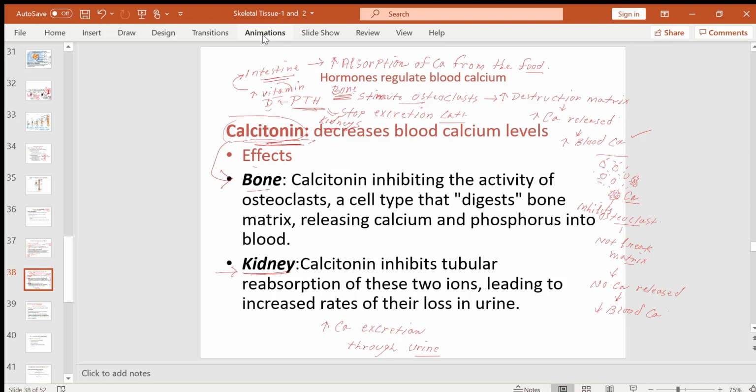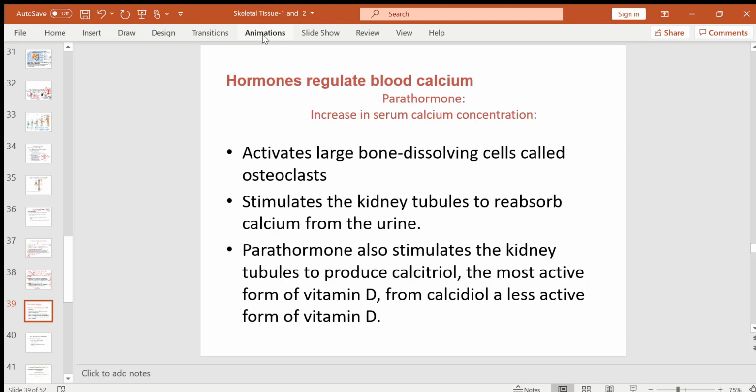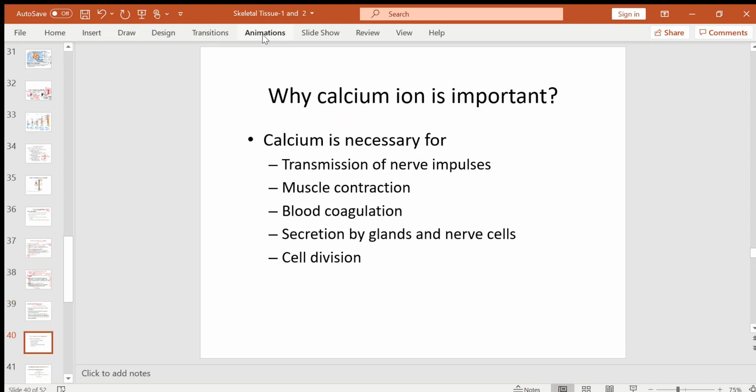Calcitonin, however, works on the bones and the kidneys. So if you just read the next couple of slides, you will clearly understand what I said.